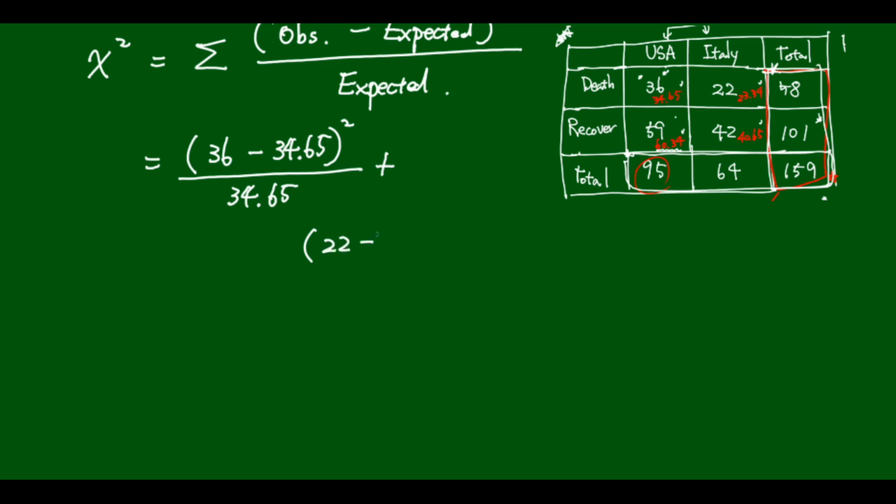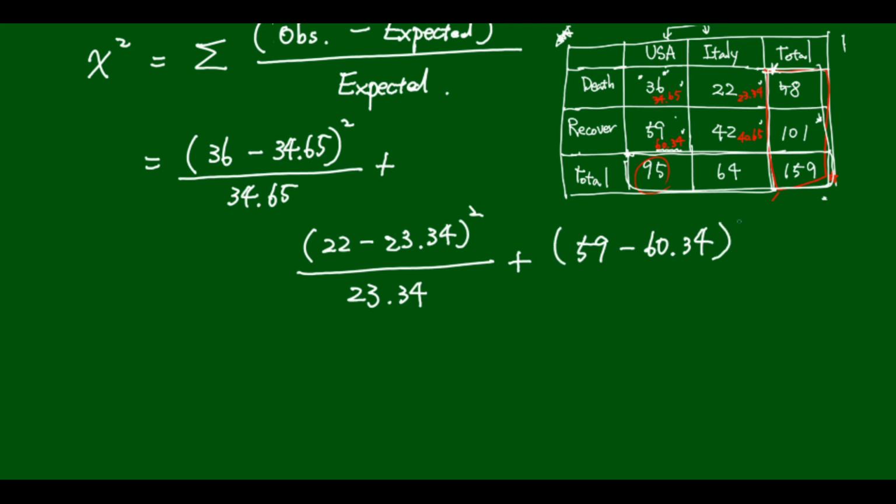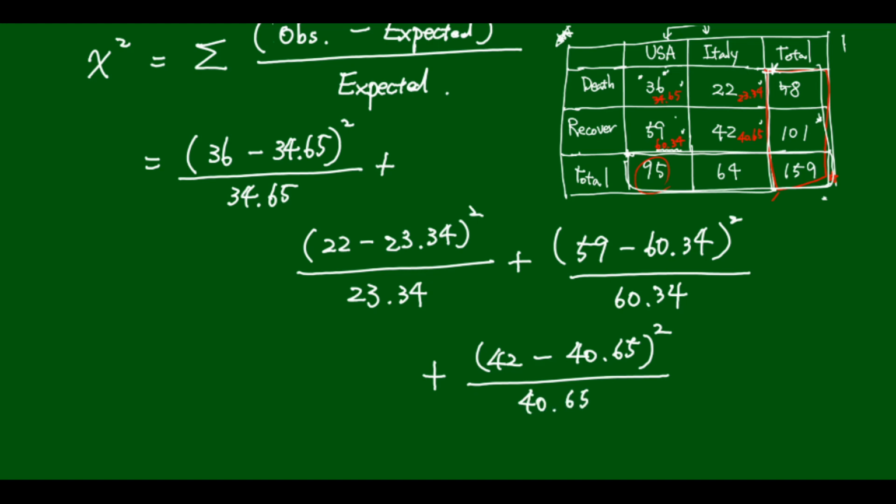We have 22 minus 23.34 squared, divided by 23.34, plus we have 55, and our expected number is 60.34 squared, divided by the same number, plus 40.65 squared, divided by 40.65.